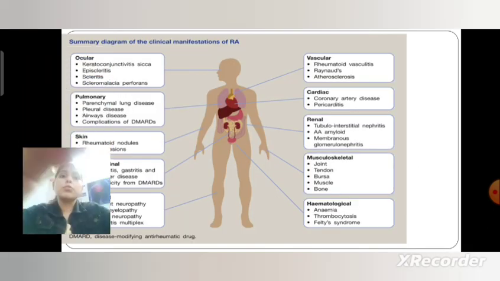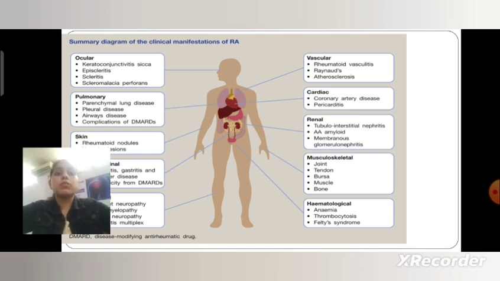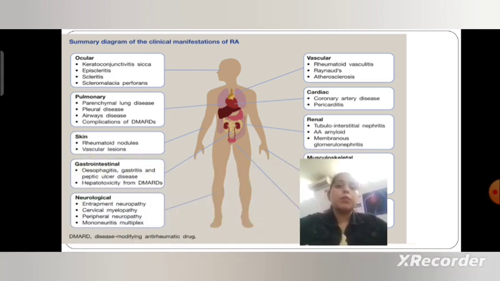Now this diagram shows the clinical manifestations of rheumatoid arthritis, in which first is ocular, which can include keratoconjunctivitis sicca, episcleritis, scleritis, scleromalacia perforans. Second is pulmonary. Pulmonary includes parenchymal lung disease, pleural disease, airways disease, complications of DMARDs. Next is skin.